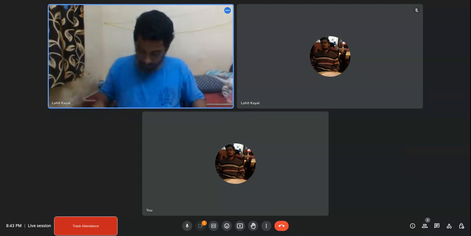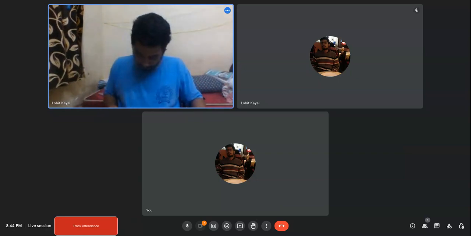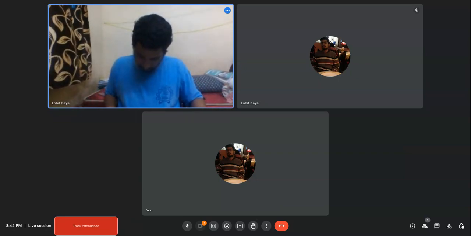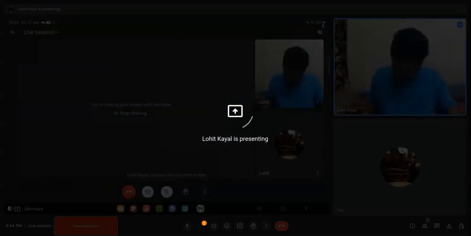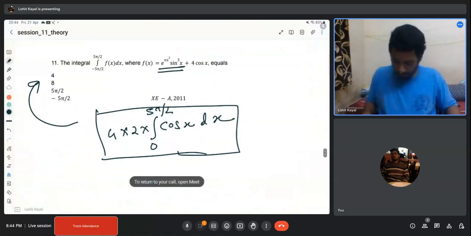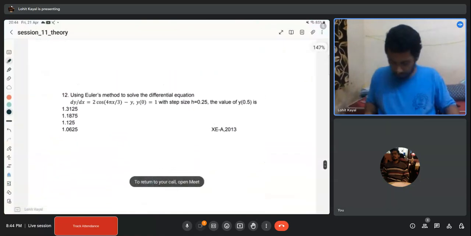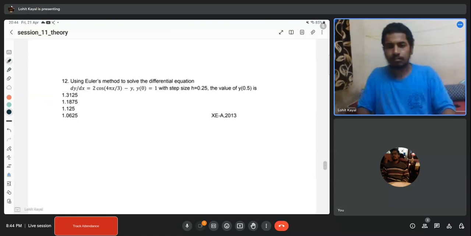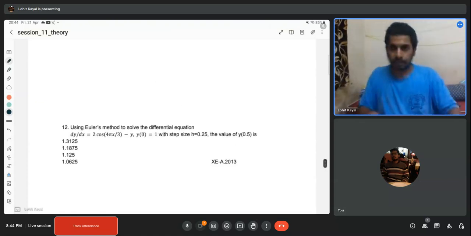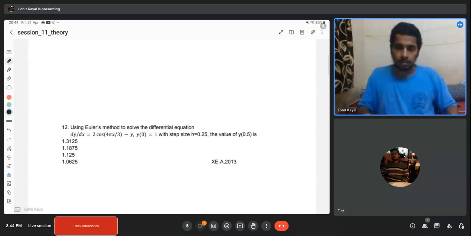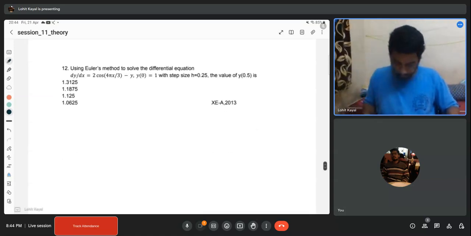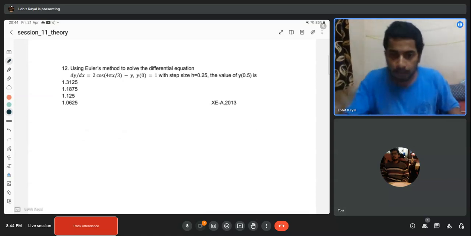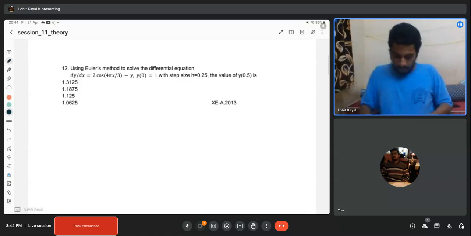I have two problems left. So for this problem again, you need to find the correct answer using the explicit Euler technique.